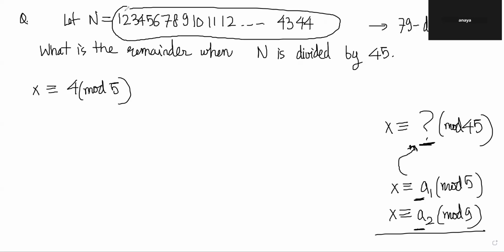So you have to do the sum of all of these digits and see what is happening. It's the sum of the digits, not the sum of the numbers from 1 to 44.